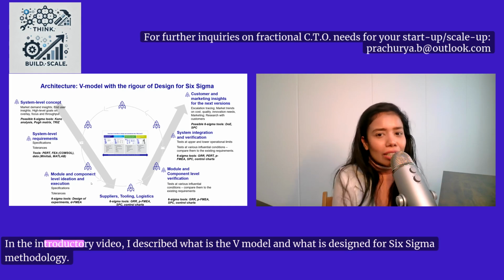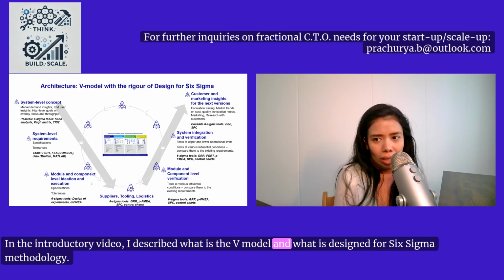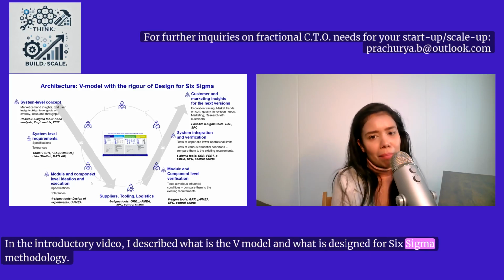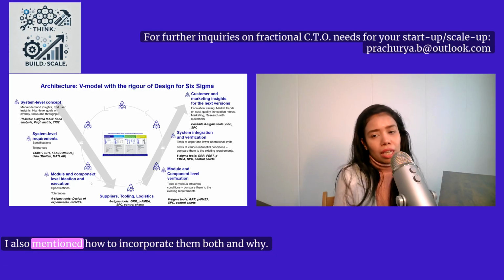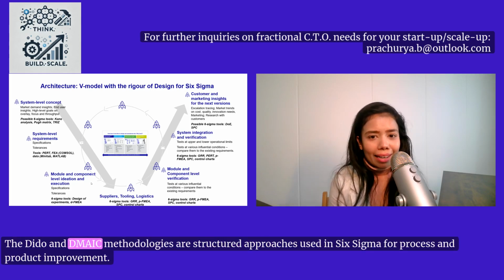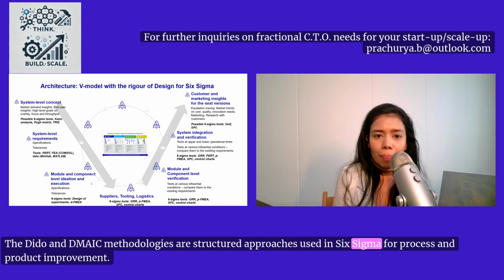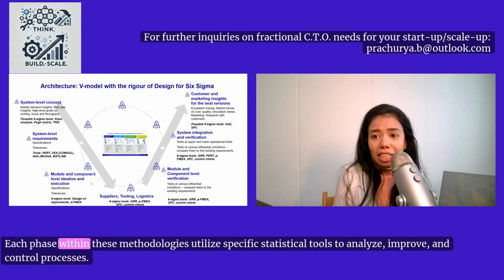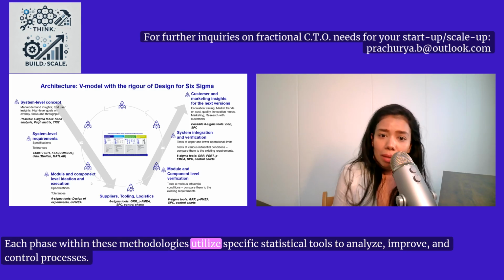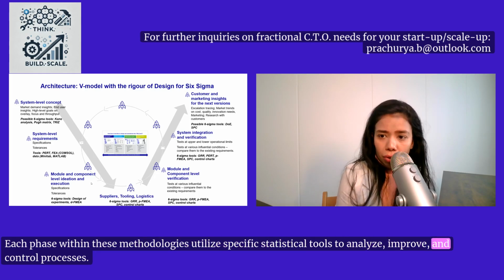But anyway, in the introductory video, I described what is the V model and what is Design for Six Sigma methodology. I also mentioned how to incorporate them both and why. The DIDOV and DMAIC methodologies are structured approaches used in Six Sigma for process and product improvement. Each phase within these methodologies utilizes specific statistical tools to analyze, improve, and control processes.